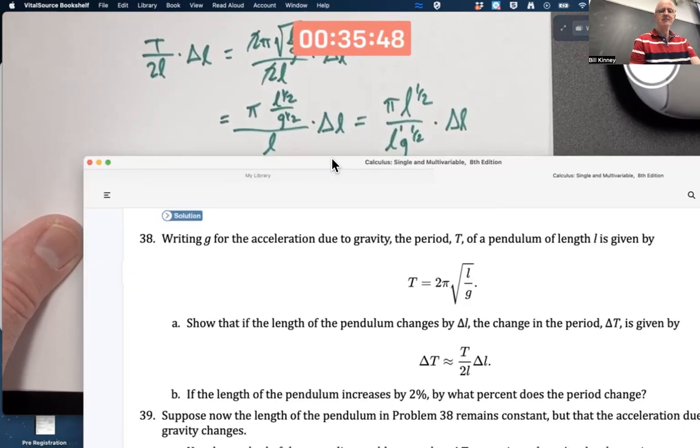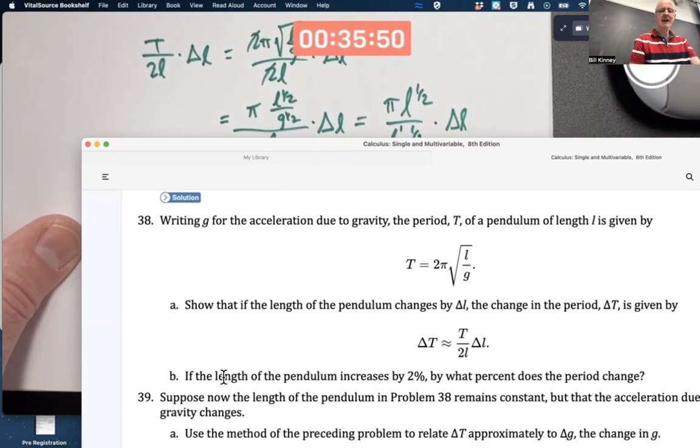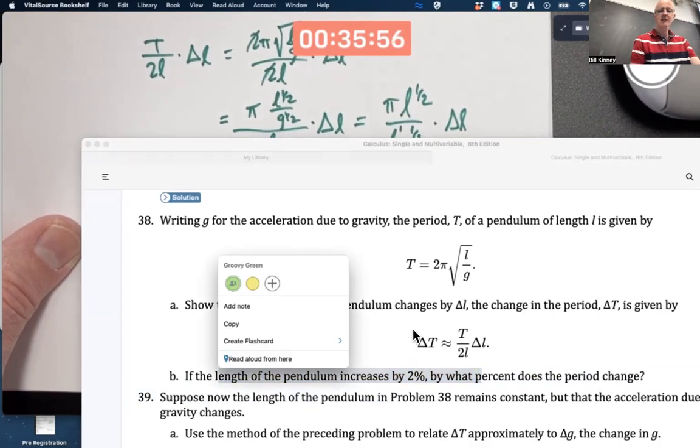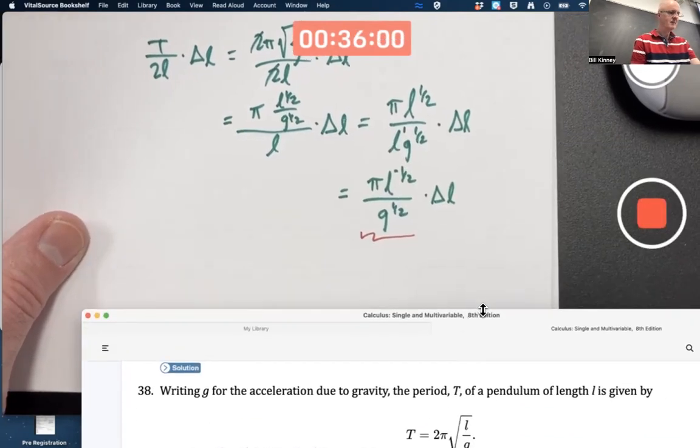Part B says if the length of the pendulum increases by 2%, by what percent does the period change? It's helpful to take this approximate equation and rewrite it in yet another way.